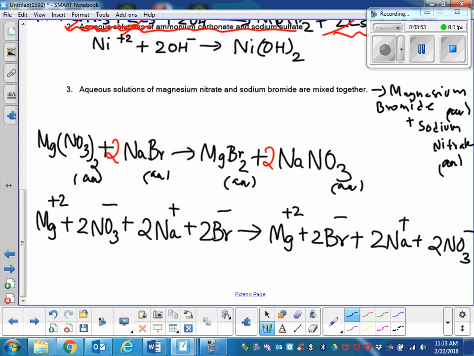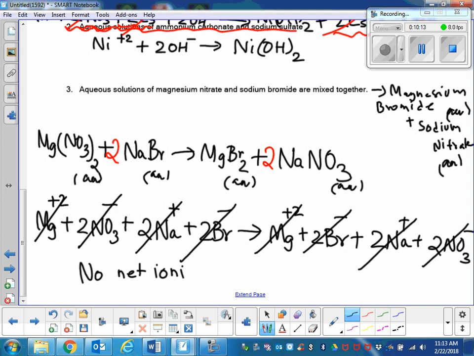So the Mg and Mg will cancel. The 2NO3 and the 2NO3 will cancel. The 2Na and the 2Na will cancel. The 2Br and the 2Br will cancel. Do you see that? There is no net ionic equation, which means it translates into what? That there is no reaction.